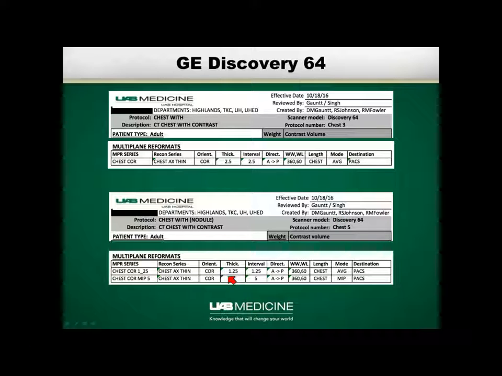On the GE Discovery, if you have two different protocols that both have coronal series that have different thicknesses, they have to have different names. This was something that I learned the hard way. So in this case, since we've got different thicknesses and intervals, we've got to have different coronal labels here.